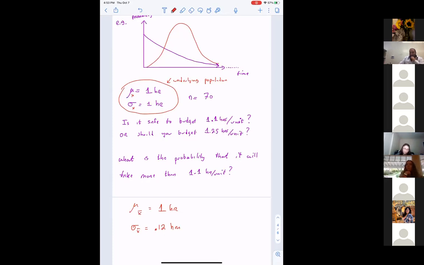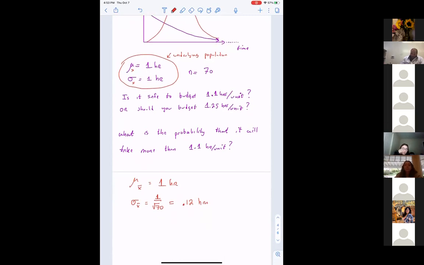Anyone not sure where that came from? I could add a line here. It's equal to 1 over the square root of 70. You take the deviation of the original and divide by the square root of the sample size. So we get 1 hour for the mean and 0.12 hours for sigma.